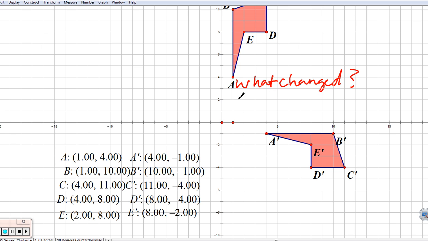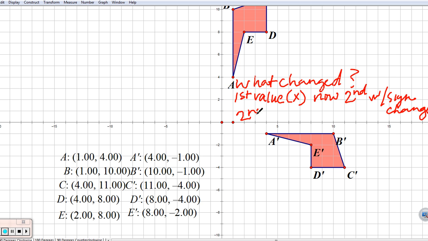So let's look. My first value in my pre-image coordinates, the x value, is now second with a sign change. The second value, the y value in my pre-image, is now first with no sign change.